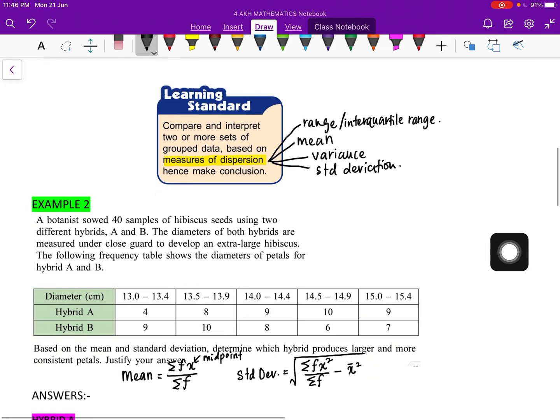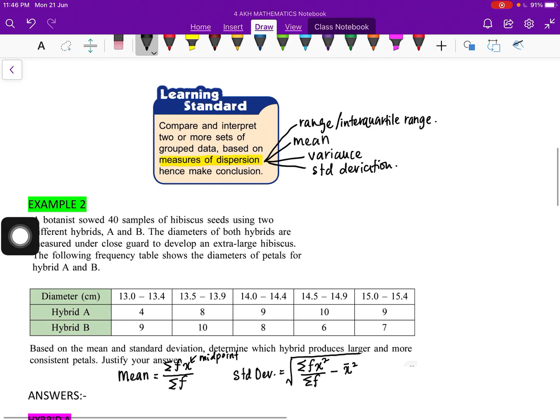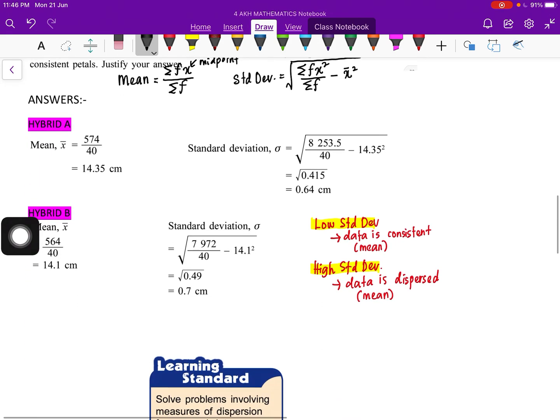And then we continue with the second learning standard for the day, which is we're comparing 2 sets of group data using measures of dispersion. So here kita recap balik about low standard deviation is a consistent data and high standard deviation is a dispersed data.